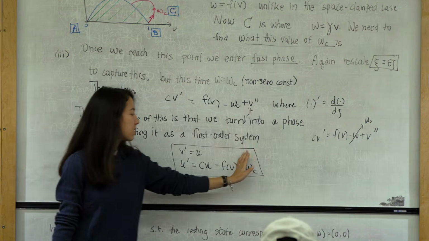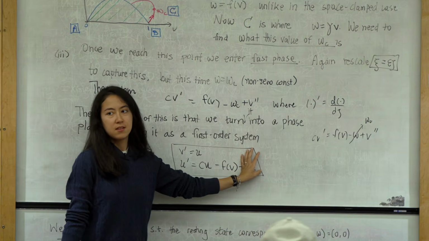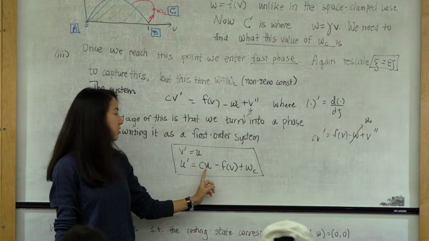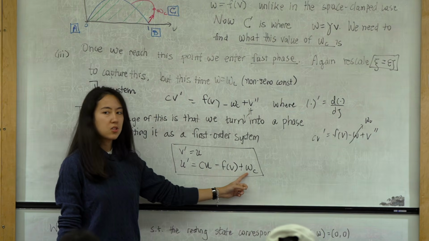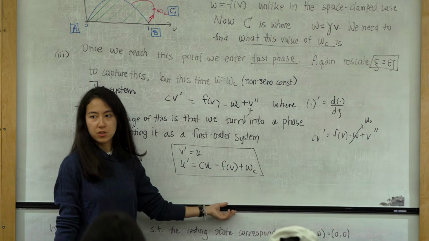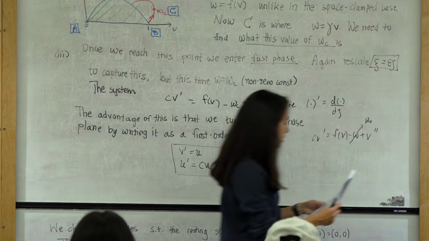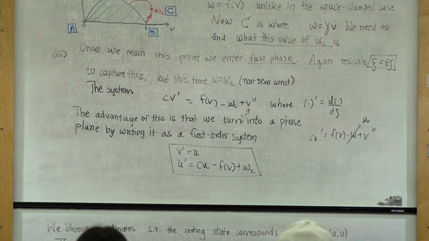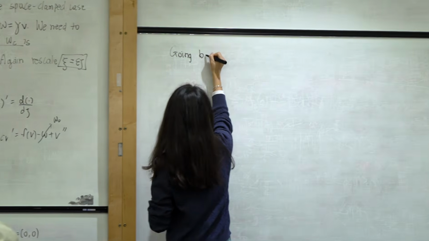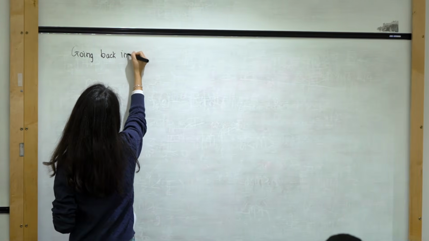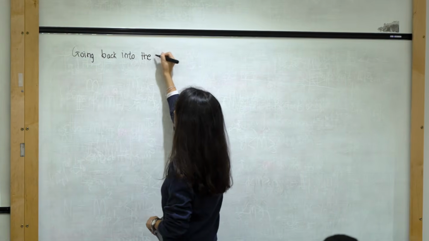Previously, what did we have? We just had this, and we found that the null-cline is u is equal to f of v divided by c. Now, since I have this additional thing, it's just going to be a shifted down version. Okay, so let me draw that. So going back into the UV plane again.